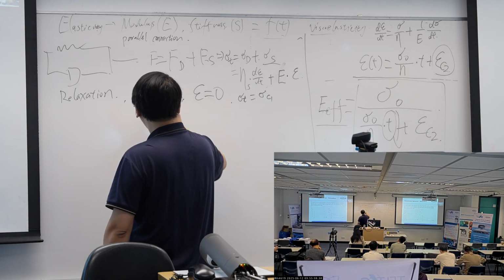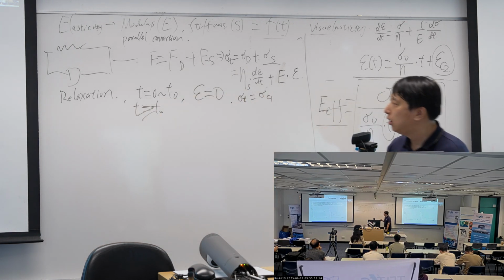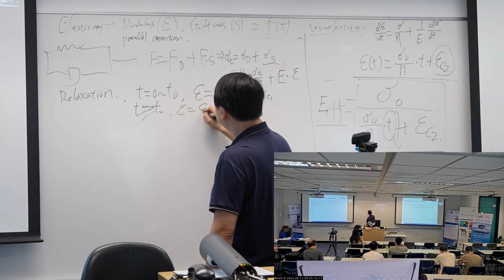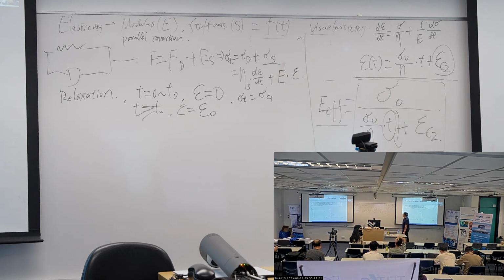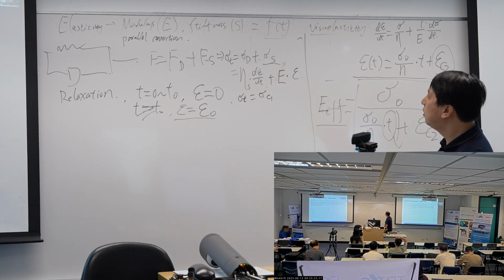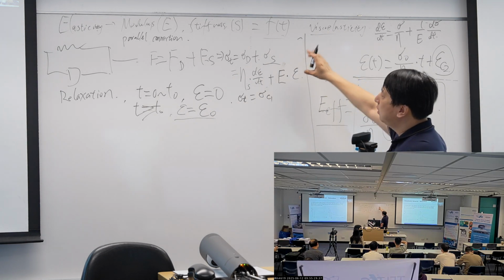So when T is larger than T0, my deformation now is held at a certain constant value. It is at epsilon 0. Okay, then for the epsilon 0, I put these numbers in.